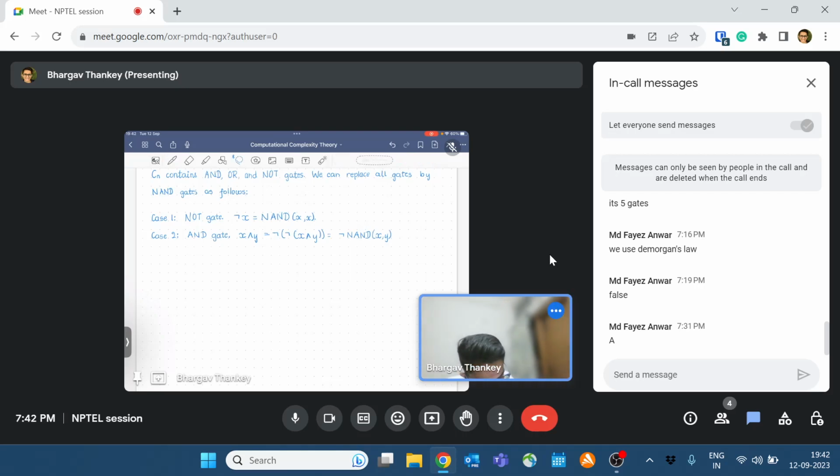Let me write it below. So what is NOT of NAND? Now we can just replace this NOT by the construction above. So this is NAND of NAND(X, Y) with NAND(X, Y). Is this transformation fine?